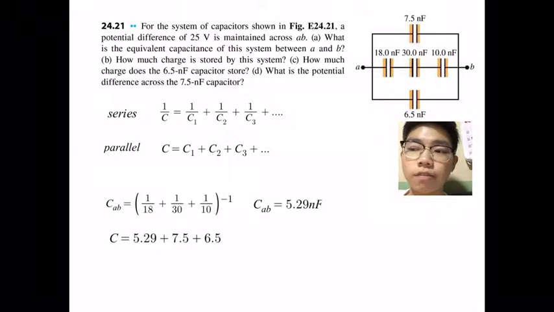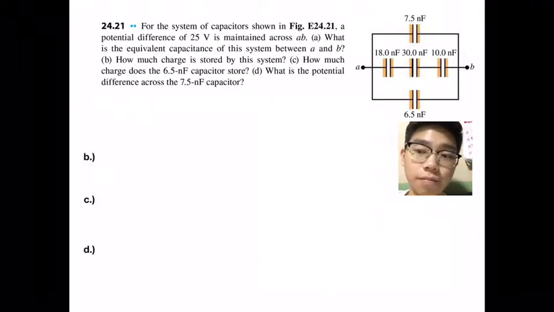We'll take our capacitance of 5.29 plus 7.5 plus 6.5, and we have a total capacitance for the system of 19.29 nF. Next, for part B, to find the charge stored by the system, Q is just equal to C times V. This is derived from the previous equation in our first question, where we found out that V is equal to Q over C.